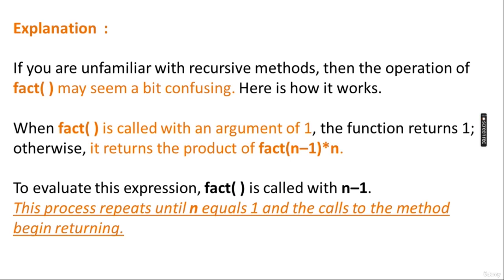Otherwise, it returns the product of fact of n minus 1 into n. To evaluate the expression, fact is called with n minus 1. The process repeats until n equals 1, and when it becomes 1, it returns the result. That 1 is returned and multiplied with all the numbers, starting with the number specified.